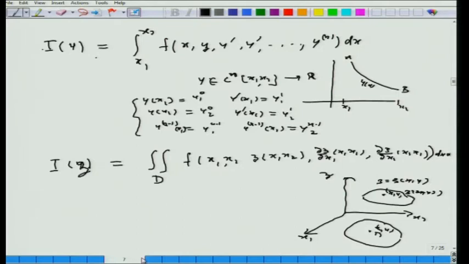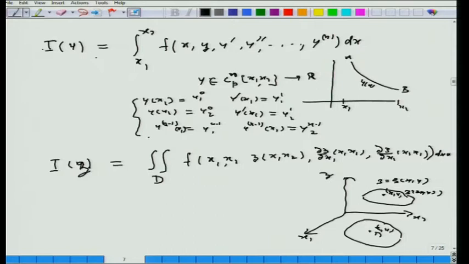Then there are other integrals where, although the dependent variable is only one, there are higher order derivatives appearing. So, the integral from x 1 to x 2 of f of x, y, y prime, y double prime and so on up to the nth derivative, and y is from C n, or piecewise you can say that the highest order derivative can also be allowed to have discontinuities of first kind at certain finitely many points inside the interval x 1 to x 2.